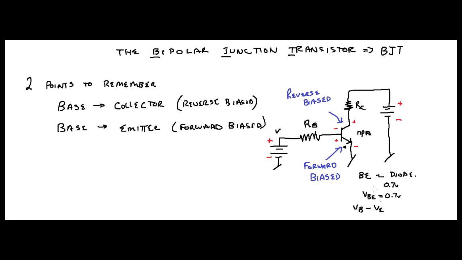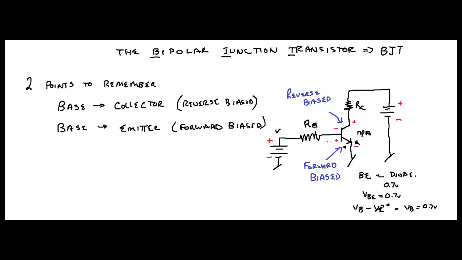VE over here is your emitter, and it's connected to ground. So in this circuit, that's 0, isn't it? So this is saying that VB must equal 0.7 volts.